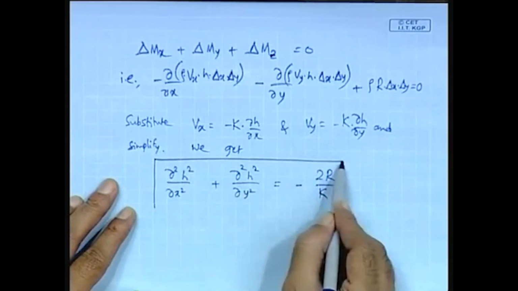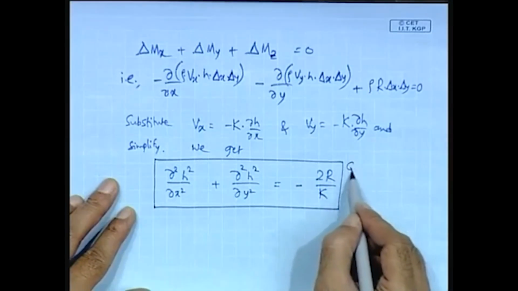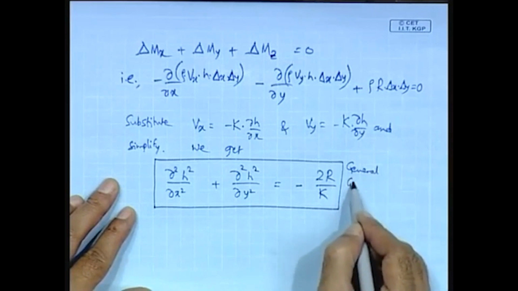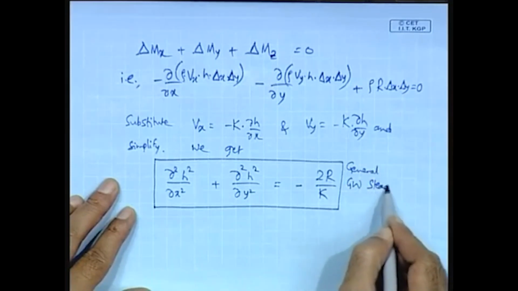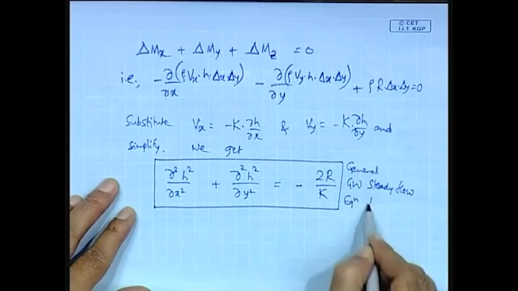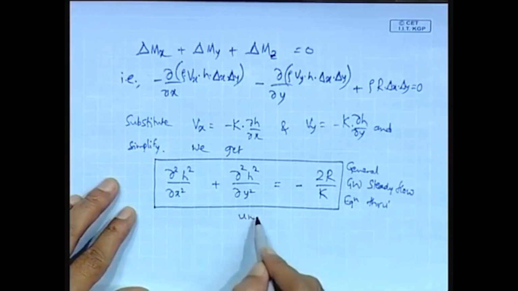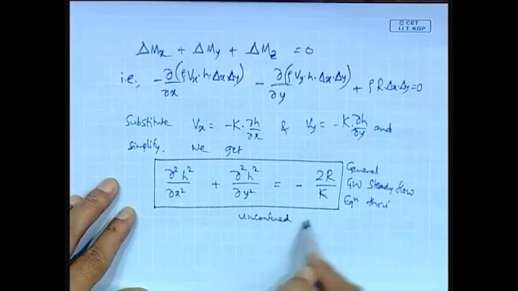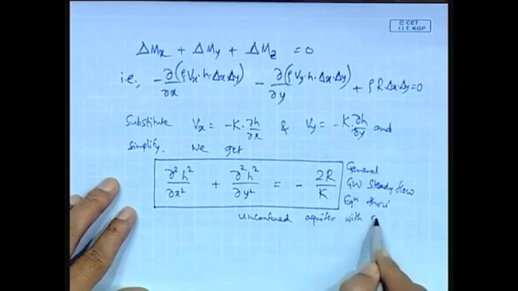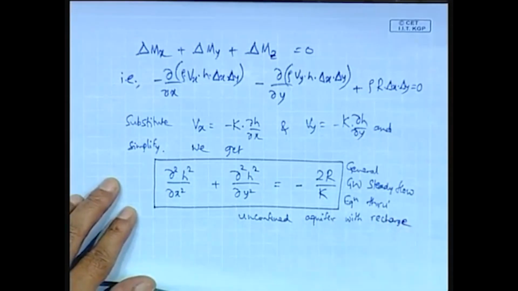So, this is the general groundwater steady flow equation through unconfined aquifer with recharge. Okay.